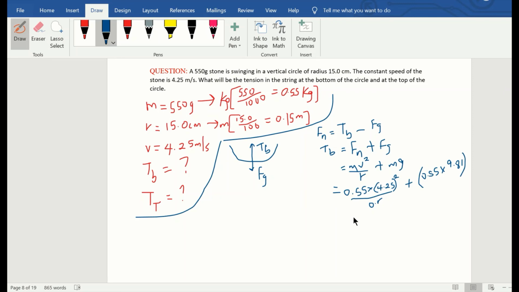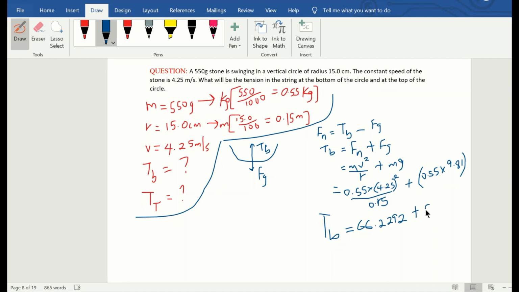So therefore, I can find the tension at the bottom. You bring out your calculators. 0.55 times 4.25 squared divided by 0.15. That should give us 66.2292, plus 0.55 times 9.81.